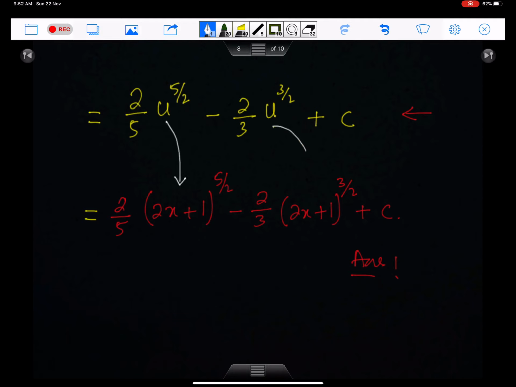Now this is very important. You must rewrite your answer in terms of the original variable. This is the difference between the indefinite integrals and definite integrals in substitution.